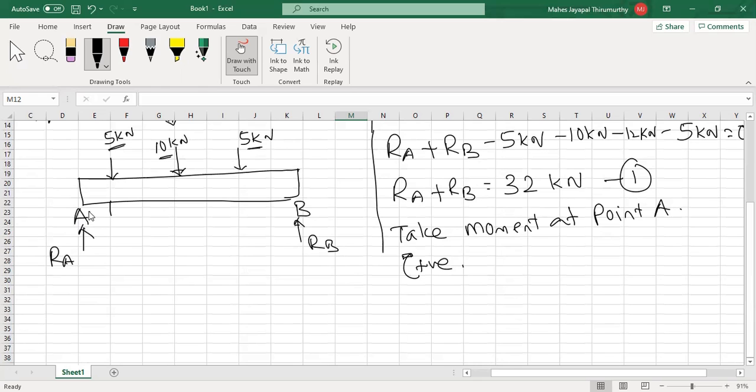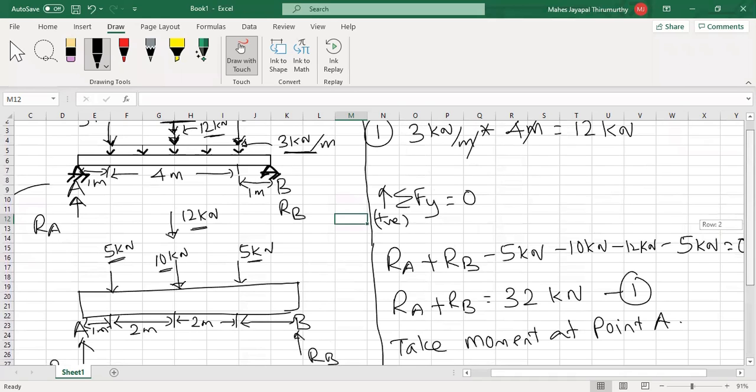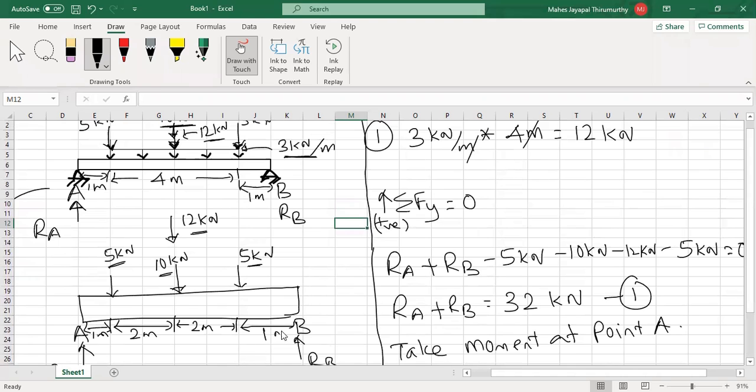So here is 1 meter, and here is 2 meters, and here 2 more meters. So the total is 4 meters, and then here is 1 meter. So the total span length is 6 meters.